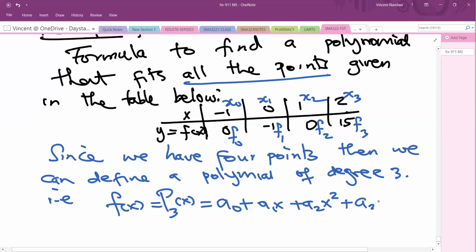So the problem wants us to use Lagrange interpolation.